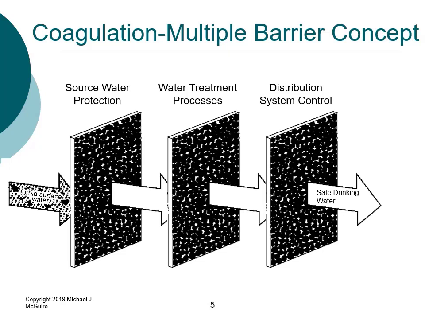So typically there will be some sort of a source water protection plan in order to protect that water source. And then we think about the wastewater treatment plant itself. You'll find that there are multiple barriers even within the water treatment system. And then we have the distribution system, and we want to ensure that that water is potable and palatable not only at the plant tap, but throughout the entire distribution system.